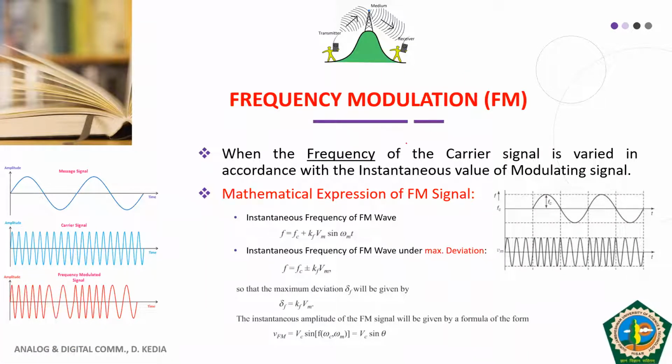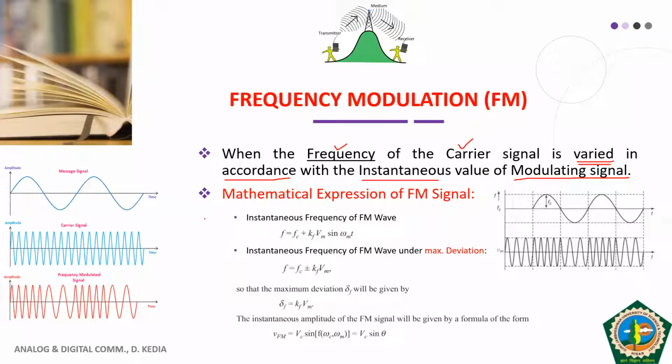This is how we define frequency modulation, where the frequency of the carrier signal is varied. Only the frequency, not the amplitude. So the frequency of the carrier signal is varied in accordance with the instantaneous value of the modulating signal. I hope all of you have been able to understand this.